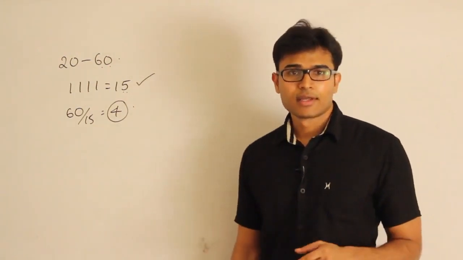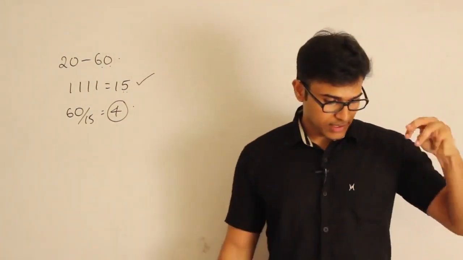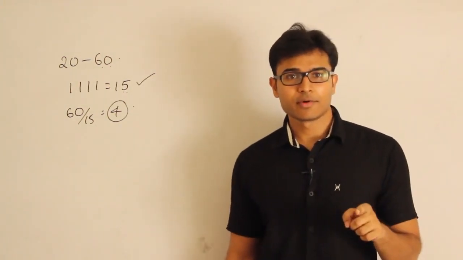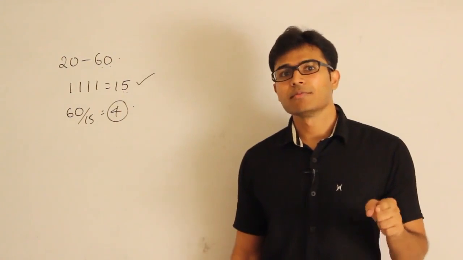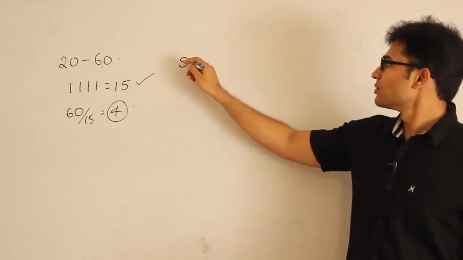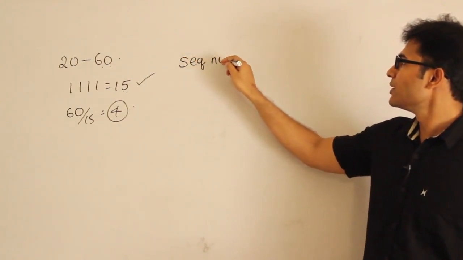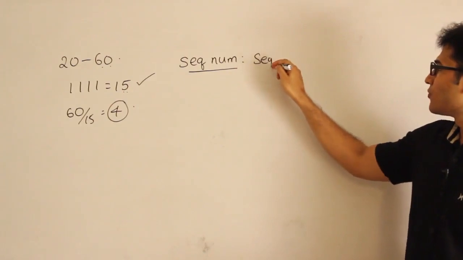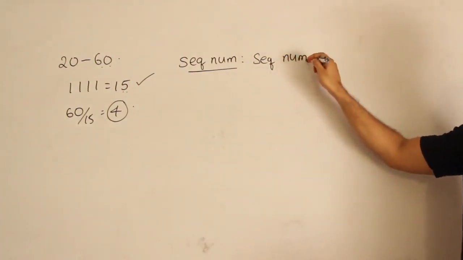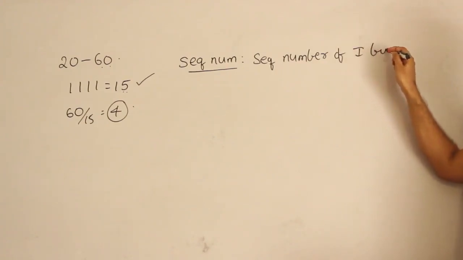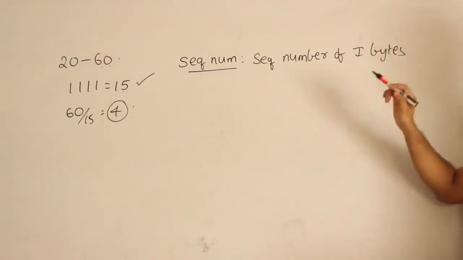Let us assume that there is a field. If you look at the third field, it is called acknowledgment number, and I told you that acknowledgment number is the sequence number of the byte expected next. So it is worth writing these two. The sequence number field is the sequence number of the first byte in this segment.